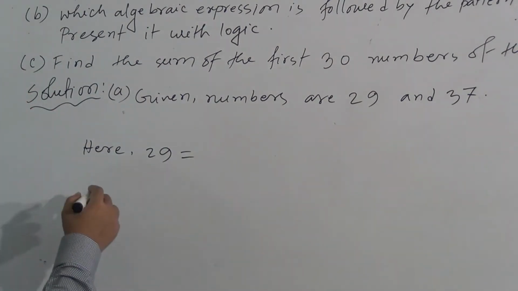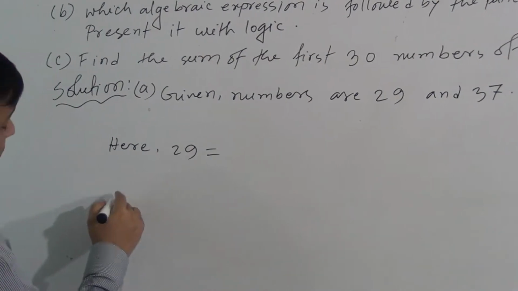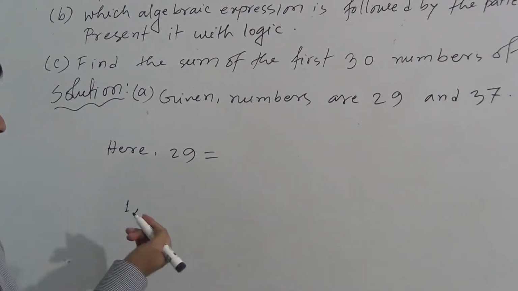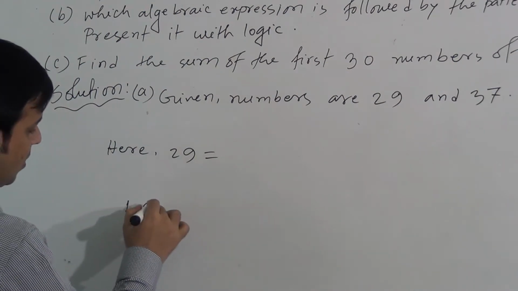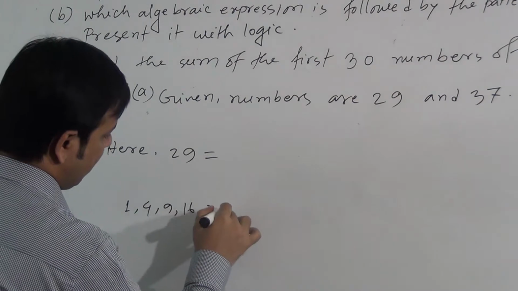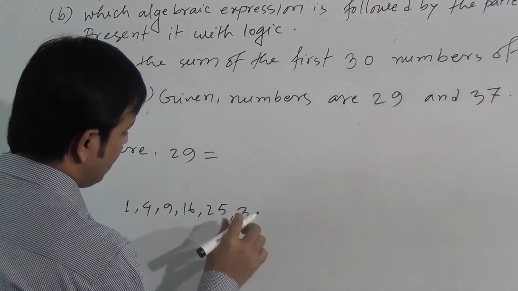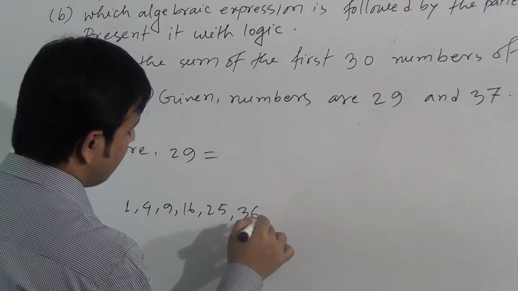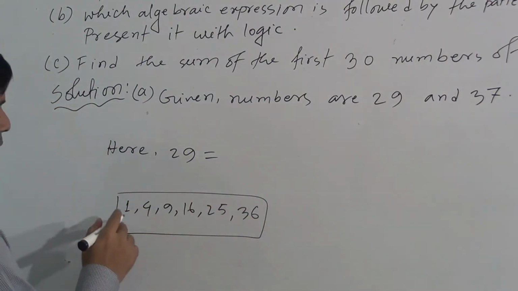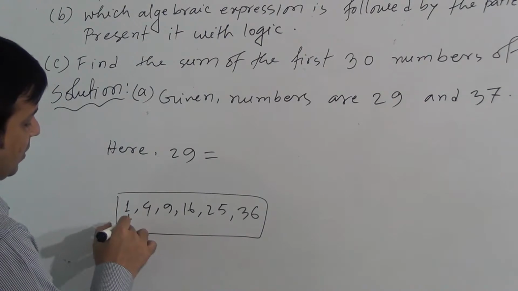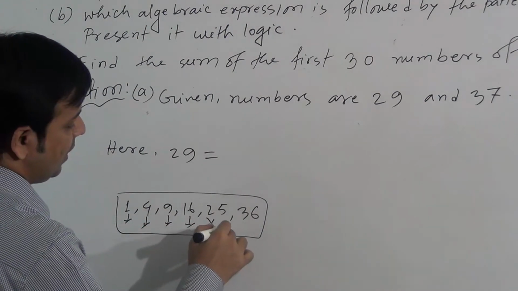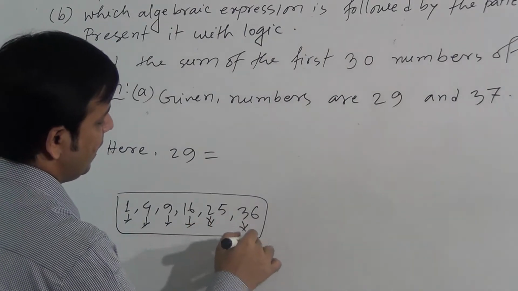Now see here, 1 square means 1. So I will write the perfect square numbers: 1, 4, 9, 16, 25, then 36. These are perfect squares: 1 square, 2 square, 3 square, 4 square, 5 square and 6 square.